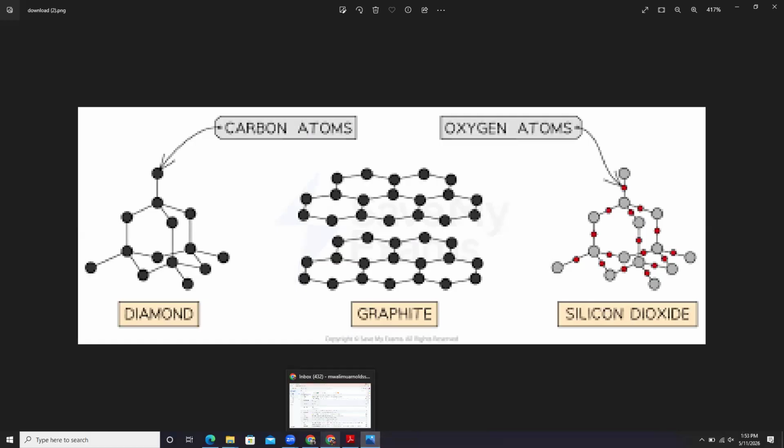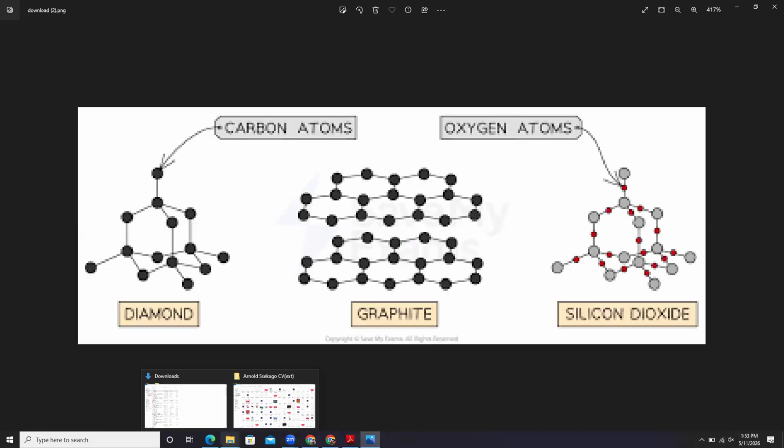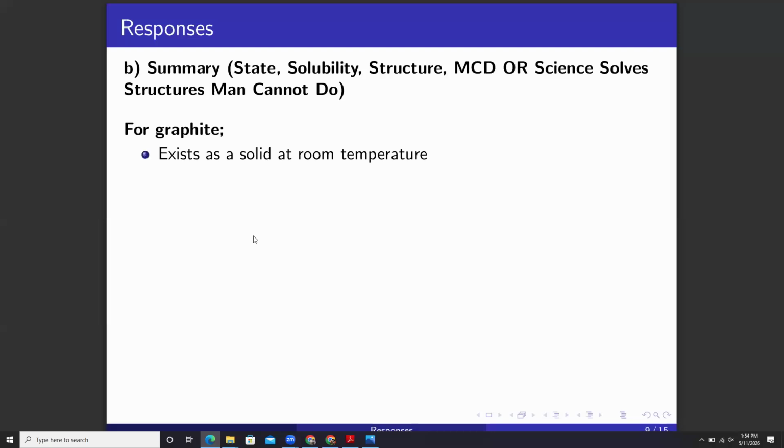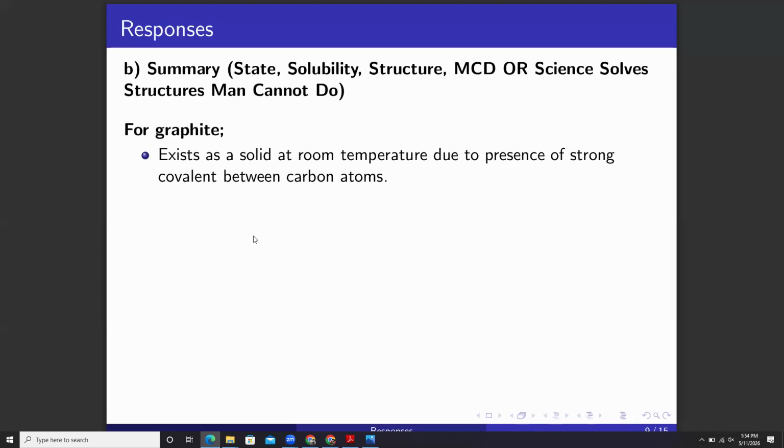Having emphasized that, allow me to share my response. We start with the state. Graphite exists as a solid at room temperature. Why? Have you seen that network? Within that network, we have strong covalent bonds that are compacted together. So it is a solid because of the presence of strong covalent bonds between carbon atoms.